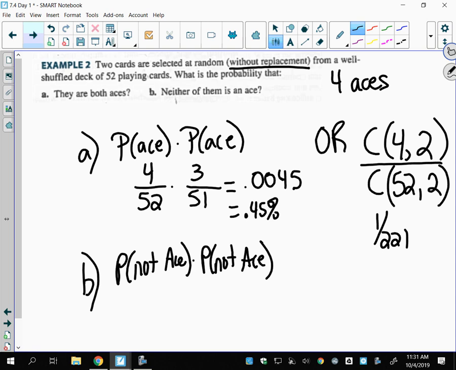So again, my bottom number is going to be 52 cards if I set it up as a fraction. And then when I don't replace it, my next one's going to be 51. But now my top number is going to change, right? It's going to be a lot better probability: there are 48 cards that are not aces, and then one less than that would be 47.